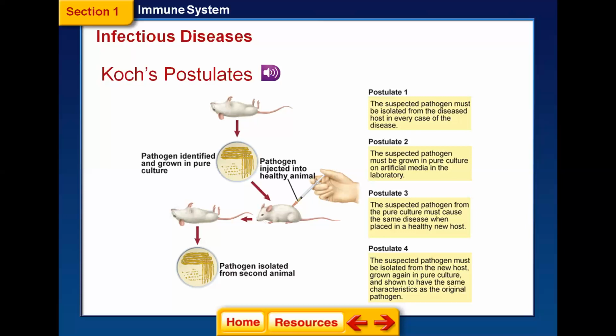After they grow this microorganism or this pathogen in a medium, whatever the medium is, depending on the pathogen, they come up with a 4th conclusion, which is the suspected pathogen must be isolated from the new host, after they notice it causes the same symptoms. Then it is grown again in pure culture and shown to have the same characteristics as the original pathogen.